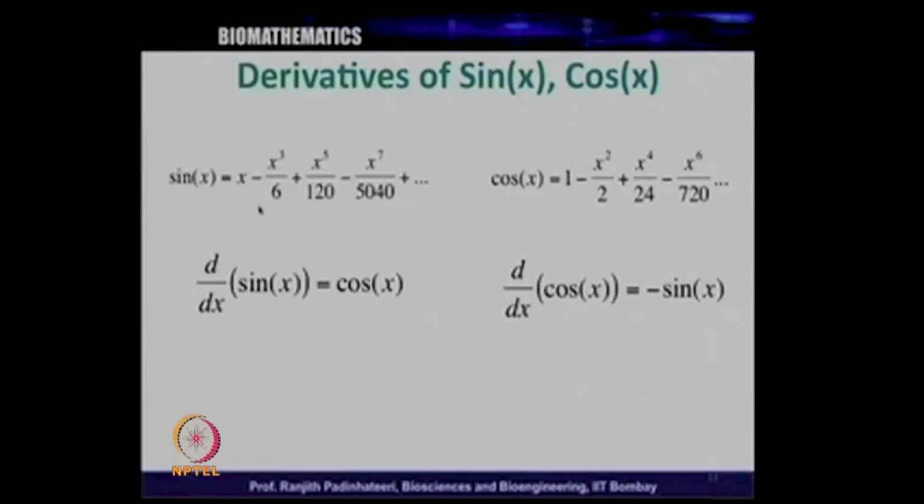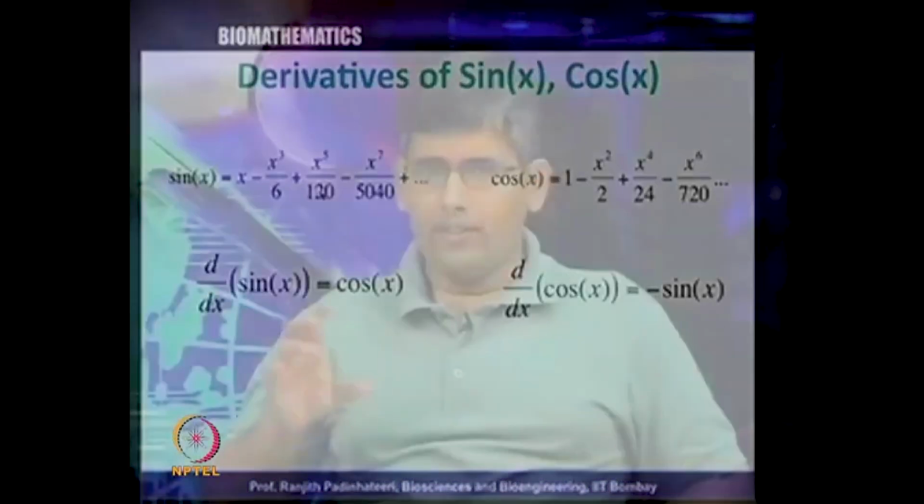So the derivative of this function is this function, and derivative of this function is negative of this function. This you can convince yourself. You can just take this series and find the derivative of each term using the two rules we learned.